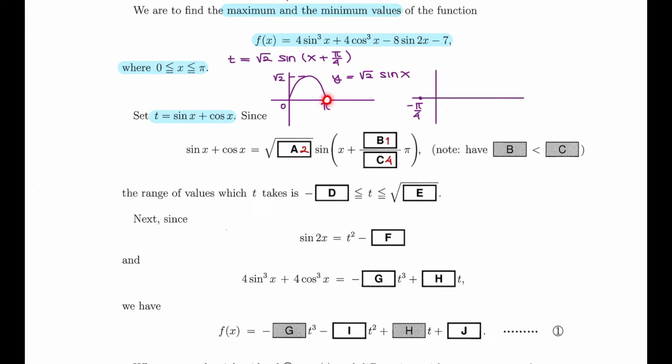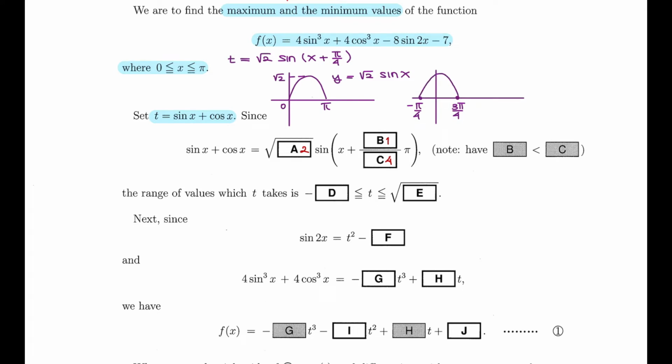And then for this point, the x coordinate must be subtracted by pi over 4. Pi minus pi over 4 is 3 pi over 4. Maybe somewhere in here, 3 pi over 4, the graph should be something like this.